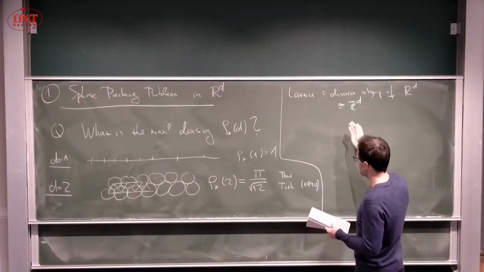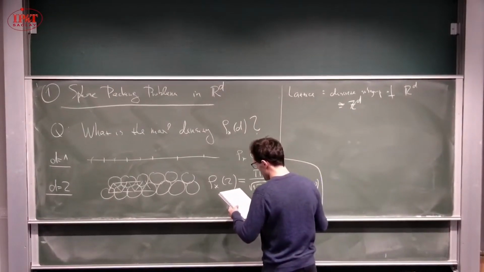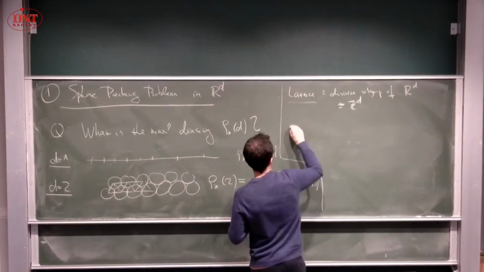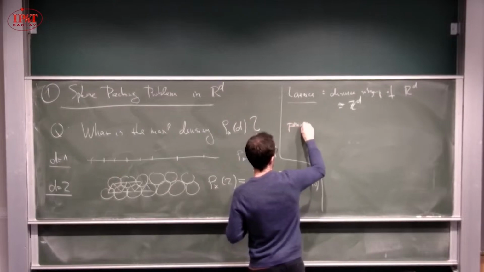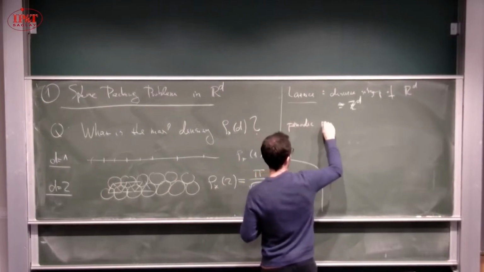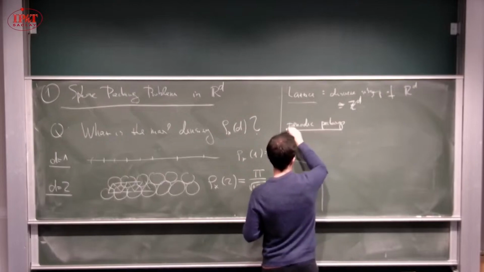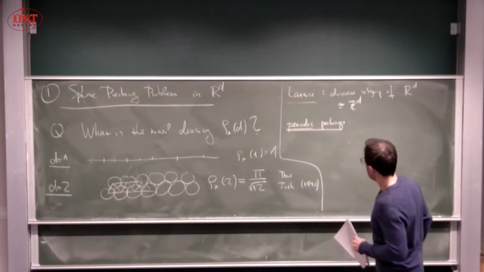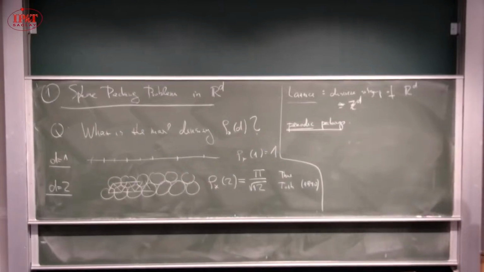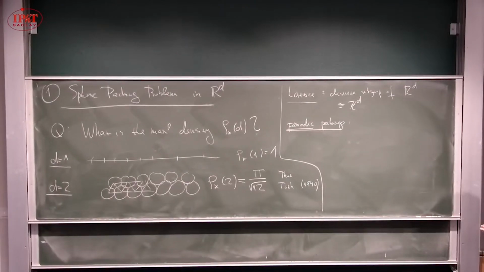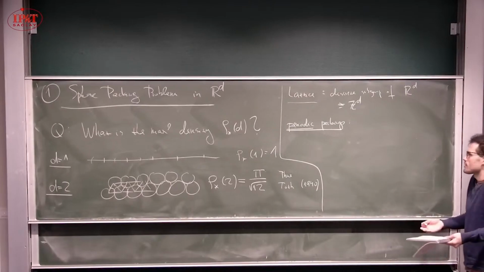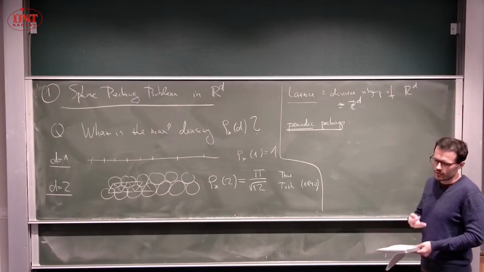A lattice packing is when all the spheres' centers form a lattice. More generally, you can talk about periodic packings. A packing is periodic if the set of sphere centers has a symmetry which is a lattice, and as a consequence there are only finitely many orbits under this symmetry.